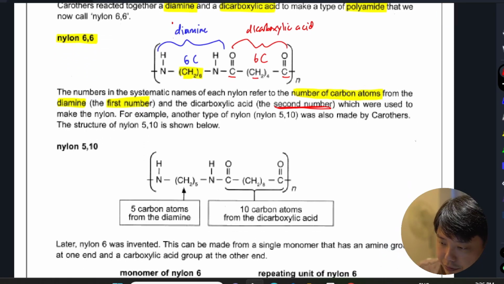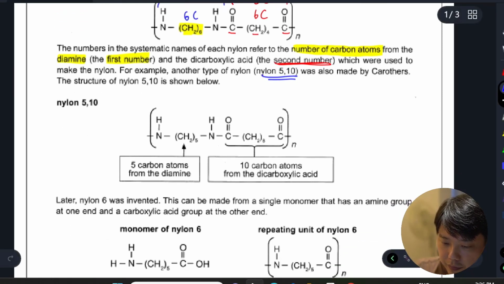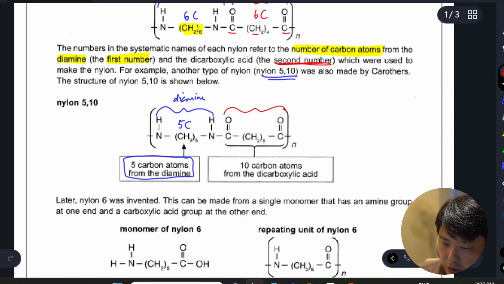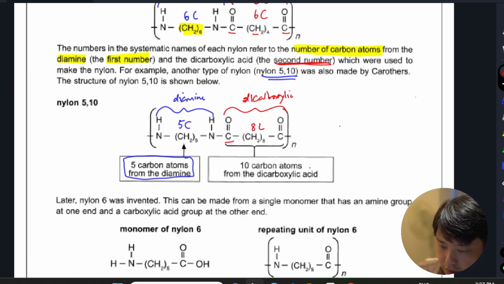So nylon 510. Let's look at this nylon 510. The structure, emphasized again, has 5 carbon atoms from the diamine. So there are 5 carbons here within the 2 amine groups, the diamine. And then where you have the dicarboxylic part of it, you have 1 here, 8 here, and 1 here, giving you a grand total of 10 carbon atoms.